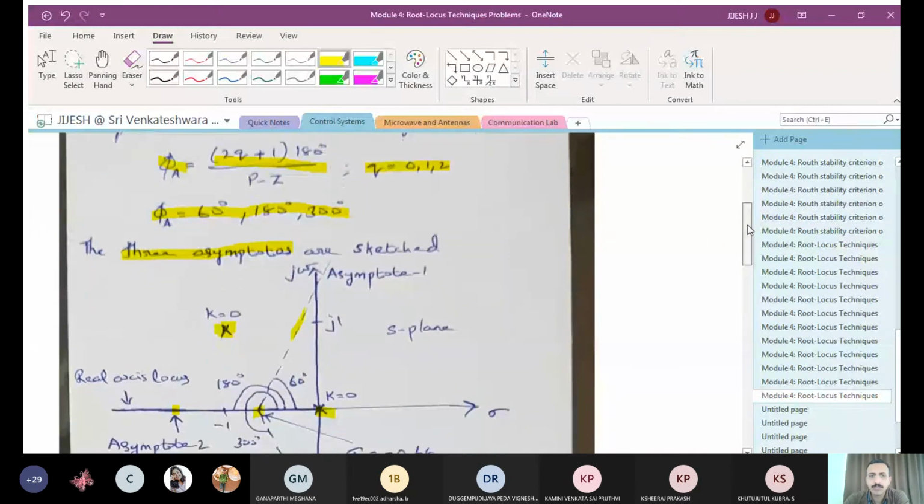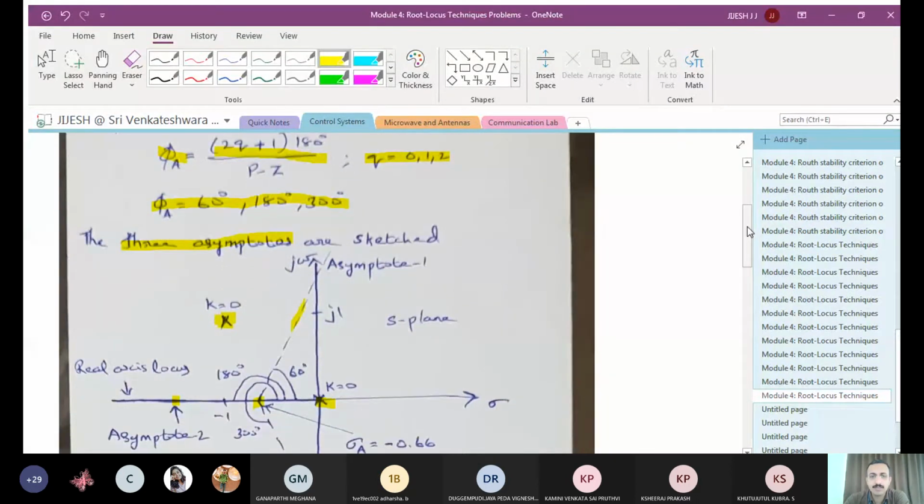It's all easy to do provided you understand the concepts and steps. Every step is important here and you have to write all the steps. So we got the asymptotes, we also got the centroid.